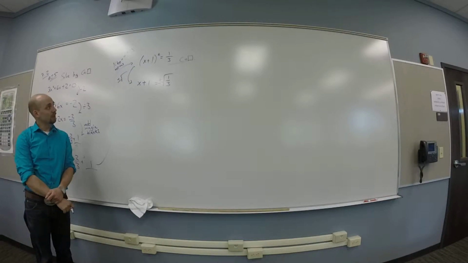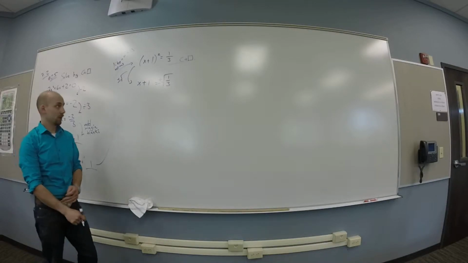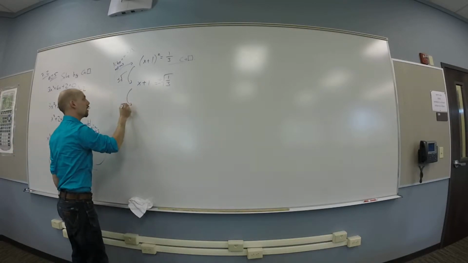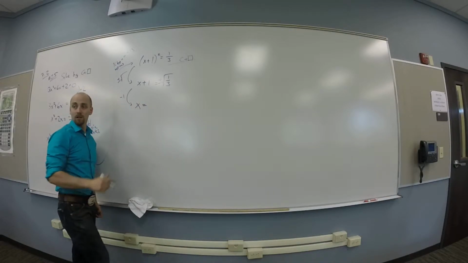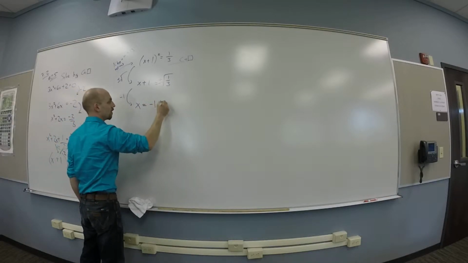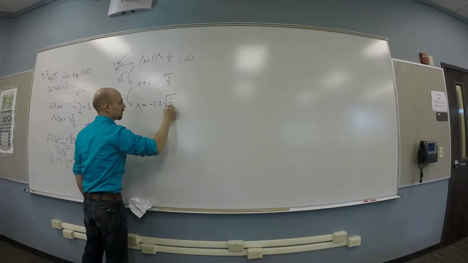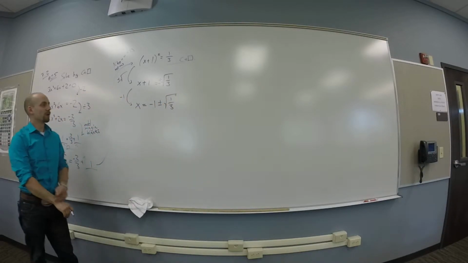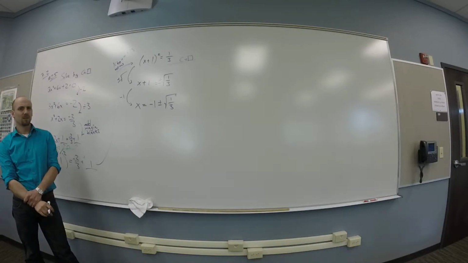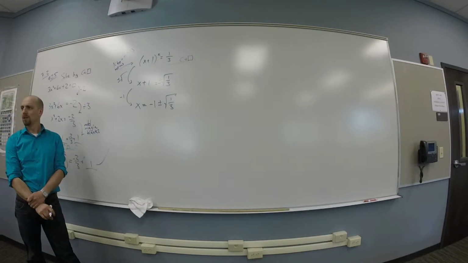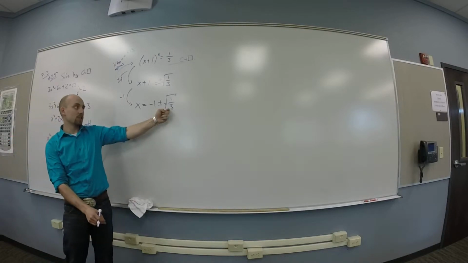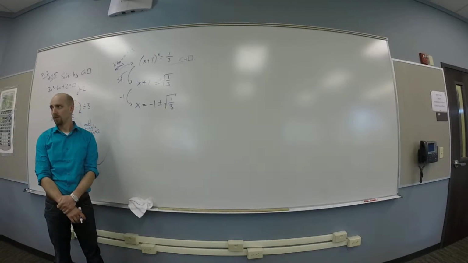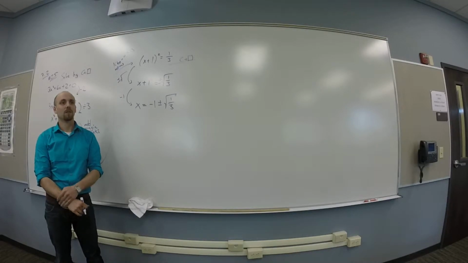Now I'm here. What do you do here? Subtract 1 from both sides, so you get x is negative 1 plus or minus. Am I done? You need your 2 answers. I should get 2 answers, and I know how to simplify this a touch more. How can I simplify that?